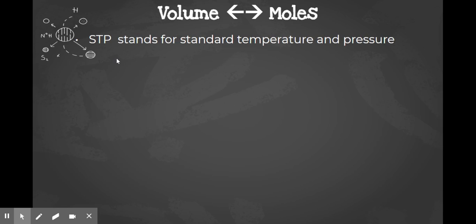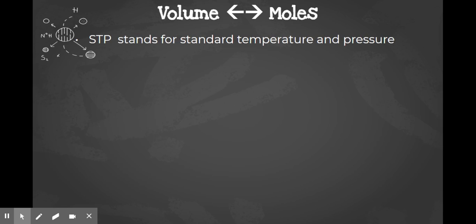So a little definition to start out with. STP, you'll see that in a lot of these problems. It stands for standard temperature and pressure. Temperature is different all over the world. Like probably the temperature here at school where I am right now is totally different from the temperature at your house. It's at least a couple degrees off. I know it's always about 3 degrees warmer at my house in Carolina Beach than it is here at school.